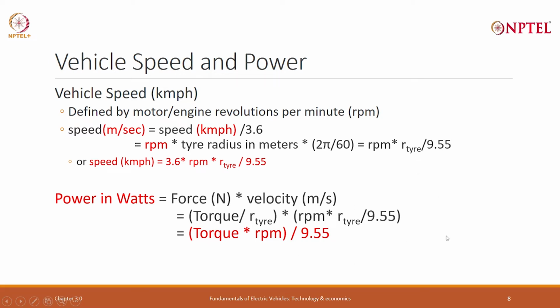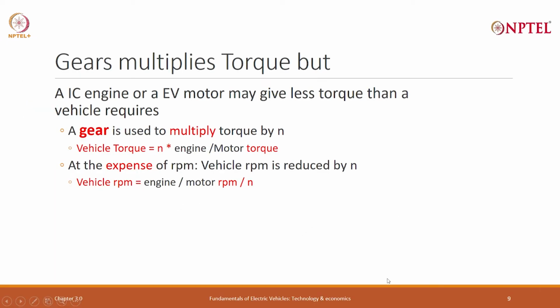So, if you multiply this, R tire gets cancelled. Power does not depend on the radius of the tire. Power in watts is simply torque multiplied by RPM divided by 9.55. So, remember these two simple expressions, always use them, do not confuse between the units.